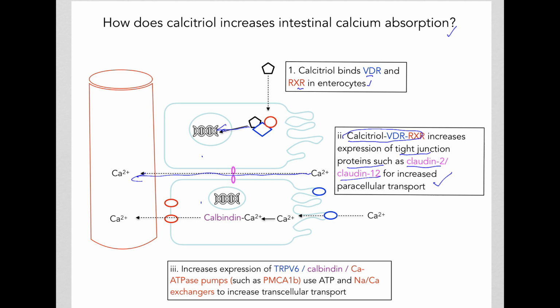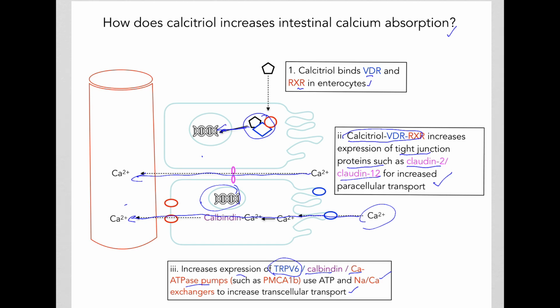Now, this complex, when it travels to the nucleus, will also increase the transcellular transport. Increased transcellular transport of calcium from the GI tract cavity into the bloodstream, and it does this by increasing the expression of proteins involved in transcellular transport, such as TRPV6, calbindin, the calcium ATPase pumps, as well as the sodium-calcium exchangers, all of which we talked about in the last video on the calcium biochemistry.